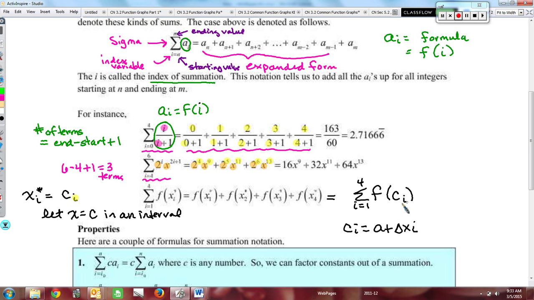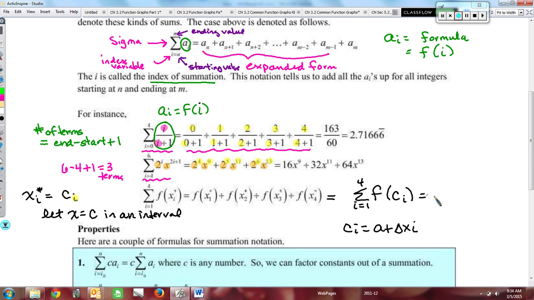And once we have this idea down, knowing how to expand it would be: you calculate each c sub I, which is a function of I, then you plug that into your function, and then you calculate each of your terms. So you would basically have four inputs, 4 minus 1, which would be 3, plus 1, 4 terms.